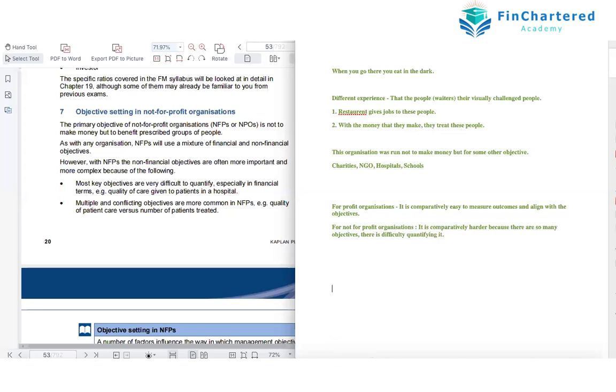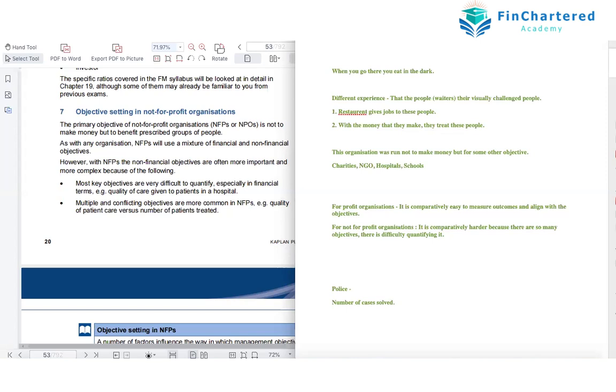For example, for the police department, they are not for profit, correct? How will you measure their performance? Number of cases solved. But again, many cases run for years and we are working towards it.